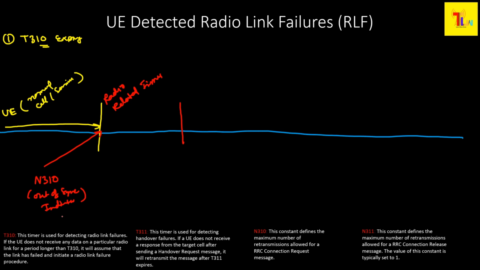Normally the value in a system can be a maximum of 20. It depends on what exactly you put, but 20 is the maximum value we put in a system, so it can count up to 20 times: out of sync, out of sync, out of sync, like this.